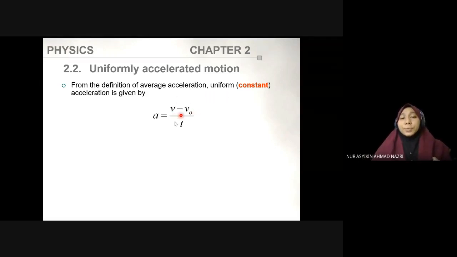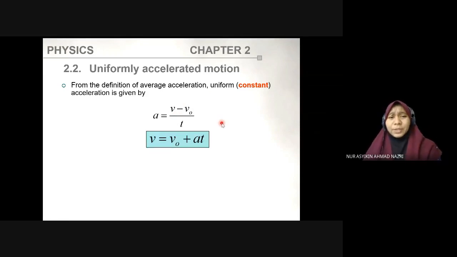So this is the expression, and we rearrange it so that it becomes just a linear algebraic equation. We bring the denominator to the other side, so that we have just one symbol on one side, which is velocity.